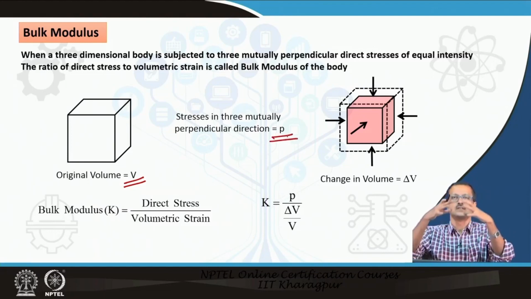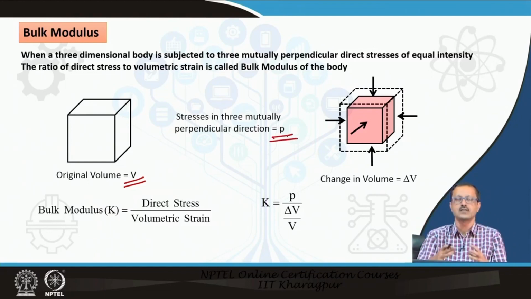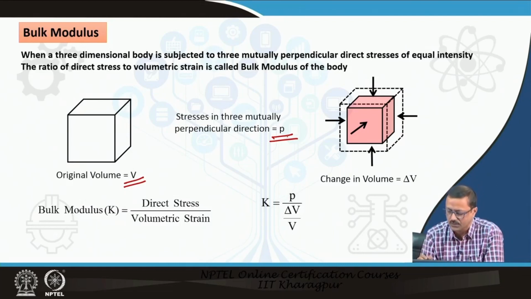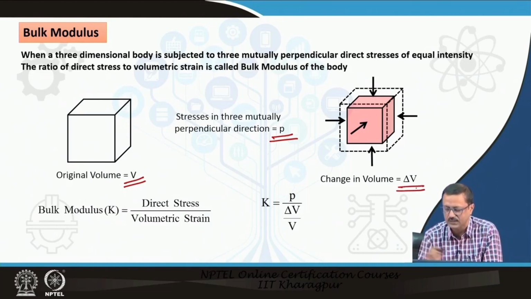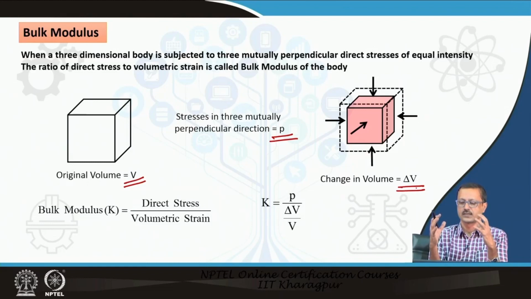Suppose this balloon is underwater. Due to the hydrostatic force, each and every direction creates a kind of compressive force in the body of the balloon, and due to that particular stress, minor changes occur in the volume of the balloon. So, that is del V.